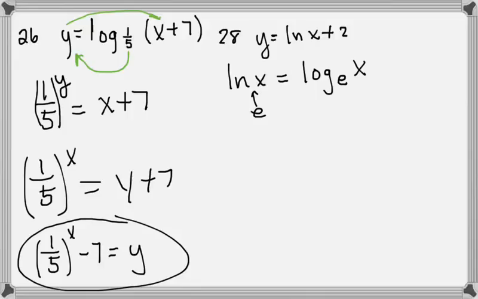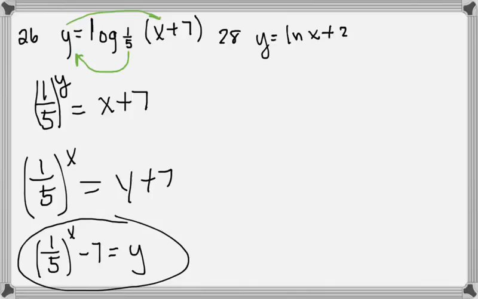Number 28, listen please. Mr. Wig, 28 is an ln. It is, it's a natural log. So be careful. Do I convert or do I subtract 2 first? You don't subtract 2. Why?